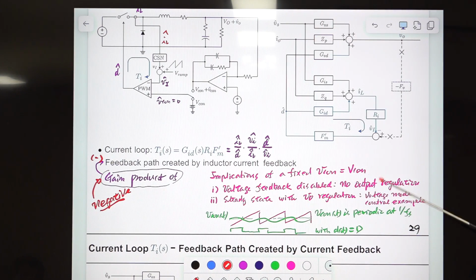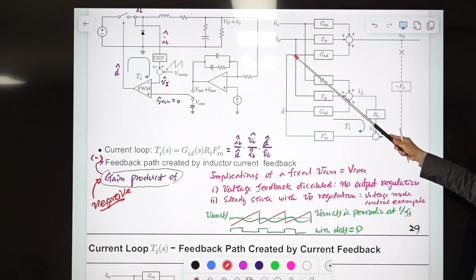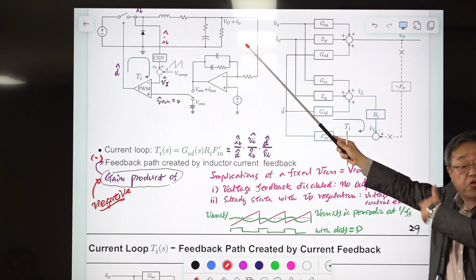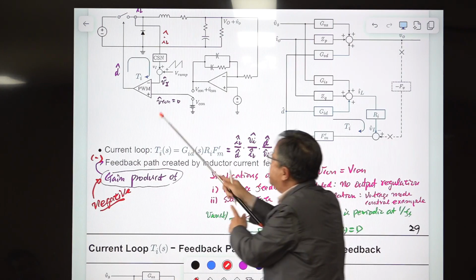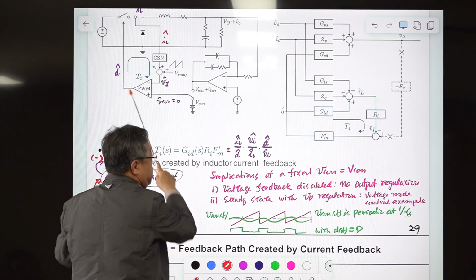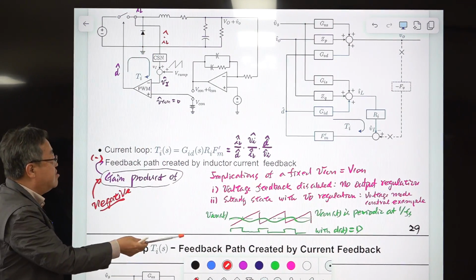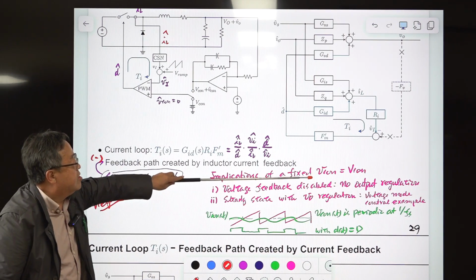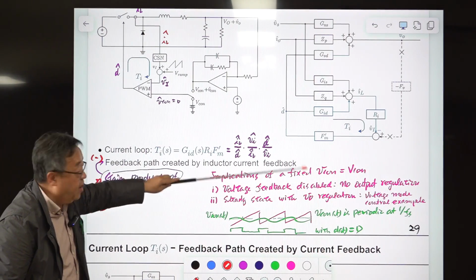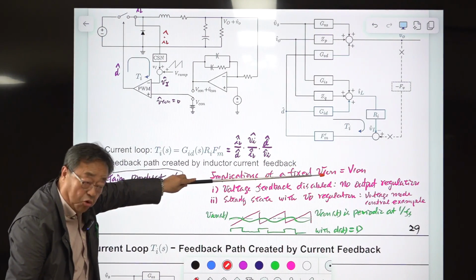And the meaning of this voltage feedback is broken, disabled. That means there's no output regulation. You are not caring about the output, we don't have any interest in this. Maybe this voltage can be varied, but we don't care. We are only interested in this gain product. That is the implication of Ti at fixed V-con.